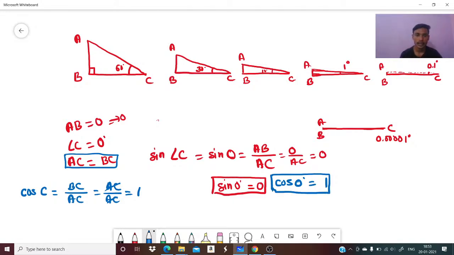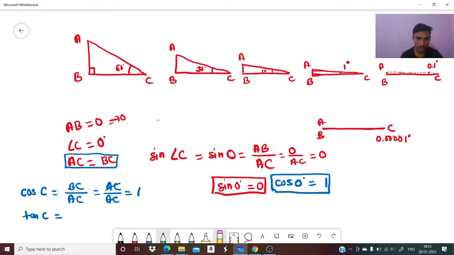Right, and now similarly if I ask you to find the value of tan of C, your tan of C will be given by opposite upon adjacent. That is AC by, sorry, not AC, sorry for this.